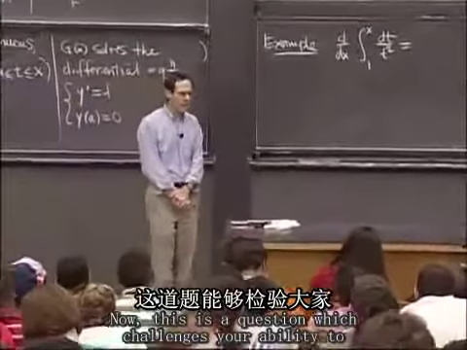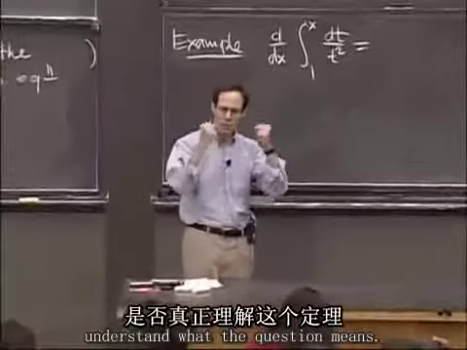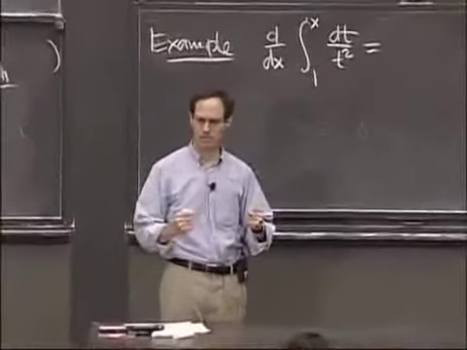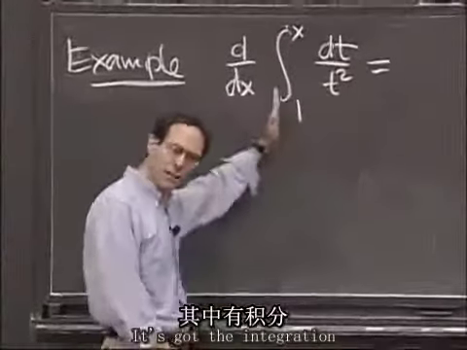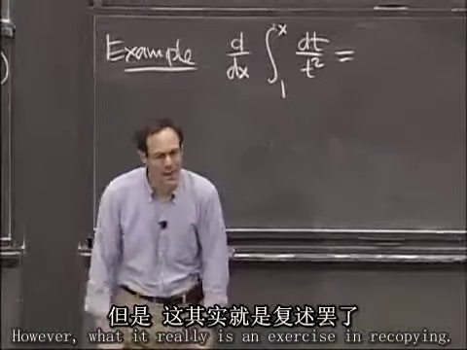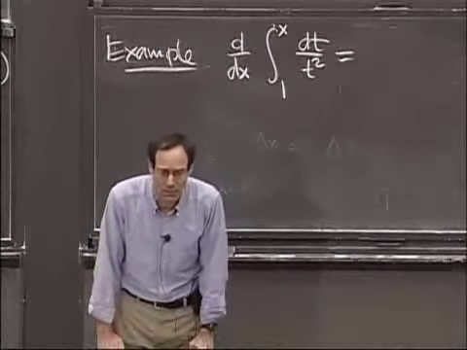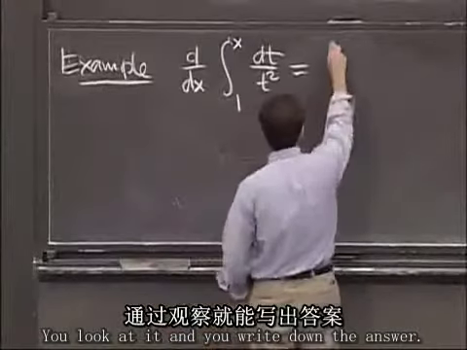Now this is a question which challenges your ability to understand what the question means, because it's got a lot of symbols. It's got the integration and it's got the differentiation. However, what it really is an exercise in recopying. You look at it and you write down the answer.